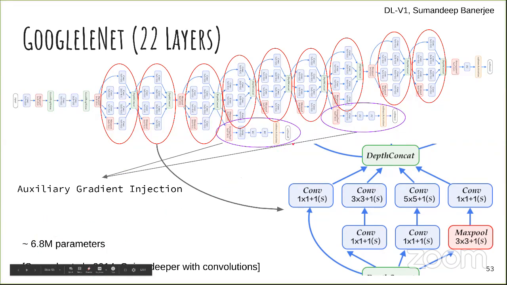Now, there is also one more critical innovation that they did, which was auxiliary gradient injection. So what they learned was, in 22 layers, the effect of what error, loss function is computed here, the effect of that propagating to the earlier layers is very less.